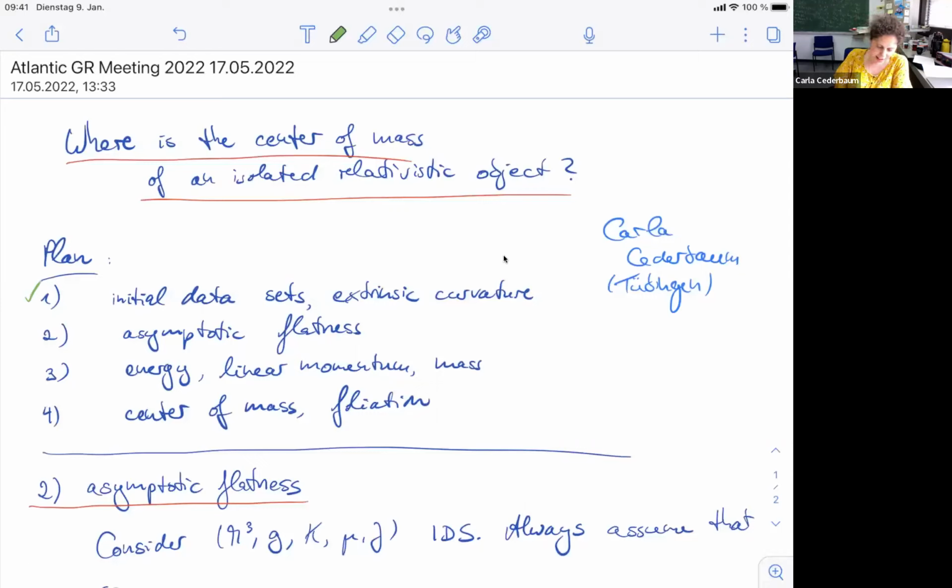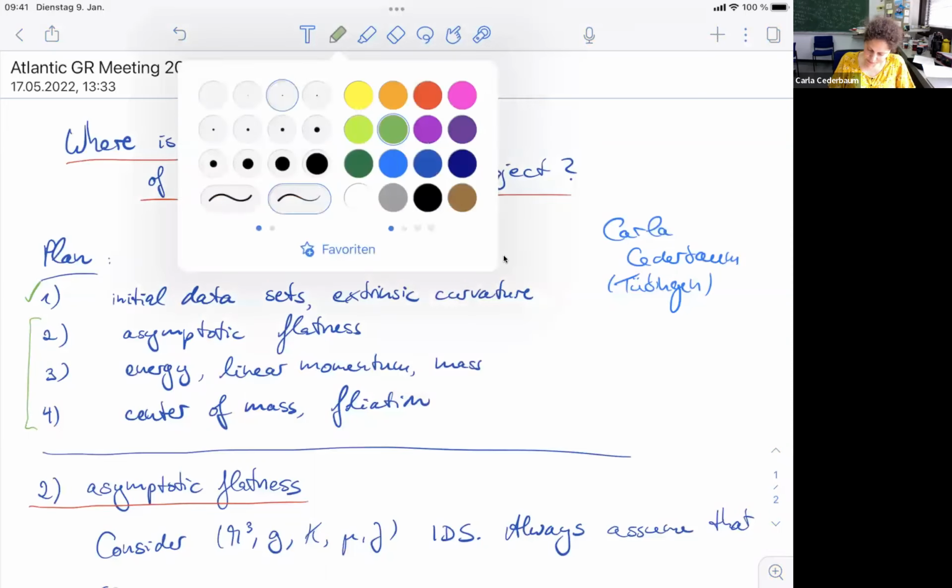For today, we are left with understanding asymptotic flatness and then recalling the most common notions of energy, linear momentum, and mass of asymptotically flat initial data sets. And then by the end, culminate in understanding better what the center of mass is, why it is difficult, and where it is, if it's anywhere. So that's the plan for today.